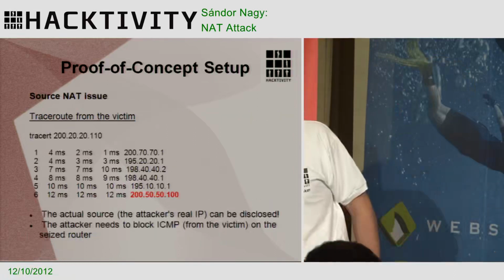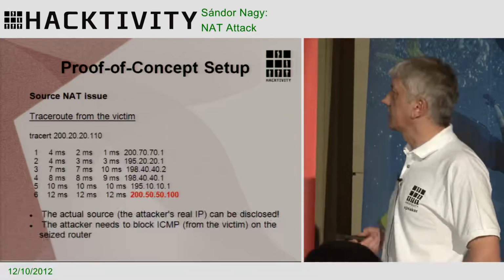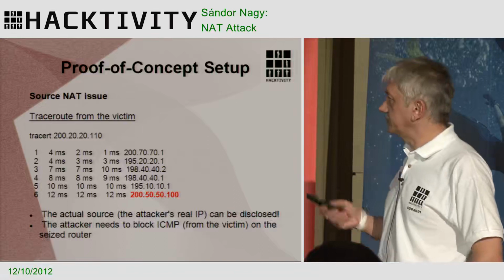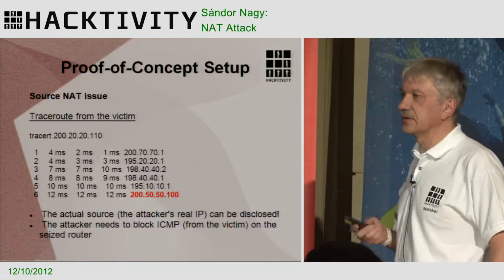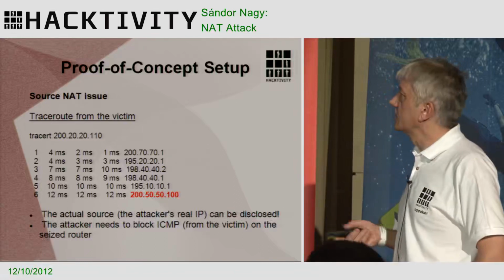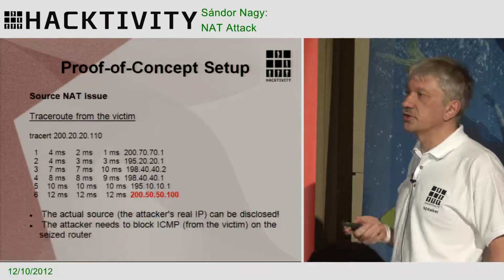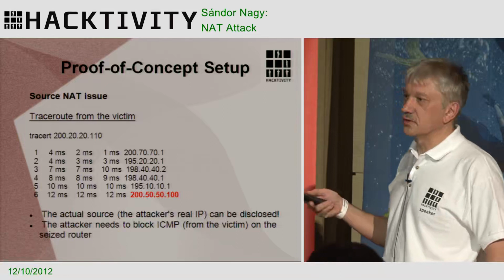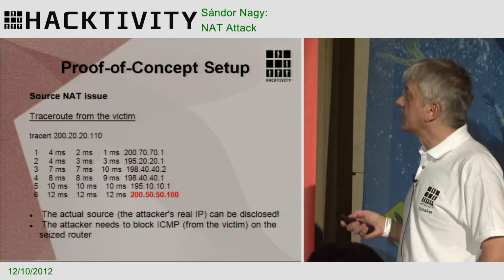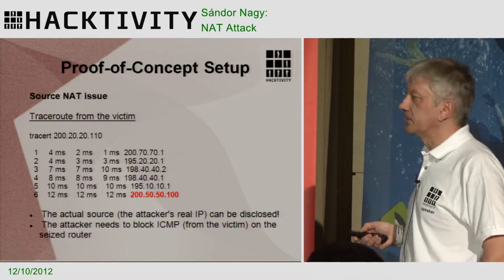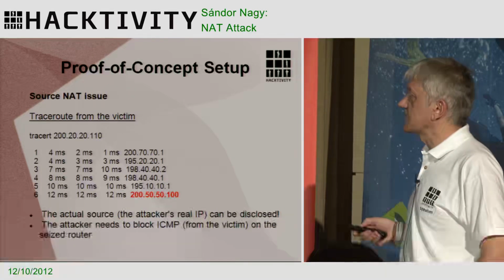The other problem is more serious for the attacker: the source NAT works for any protocol. So if a traceroute is launched from the victim to the virtual source, the traceroute goes to the attacker's node. So that is the attacker's IP.